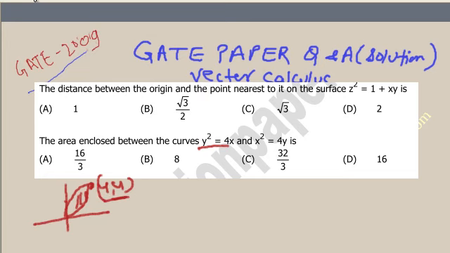So the area is the integration of the first curve, root of 4x, minus the second curve, x square by 4, that is y1 minus y2, and then dx.